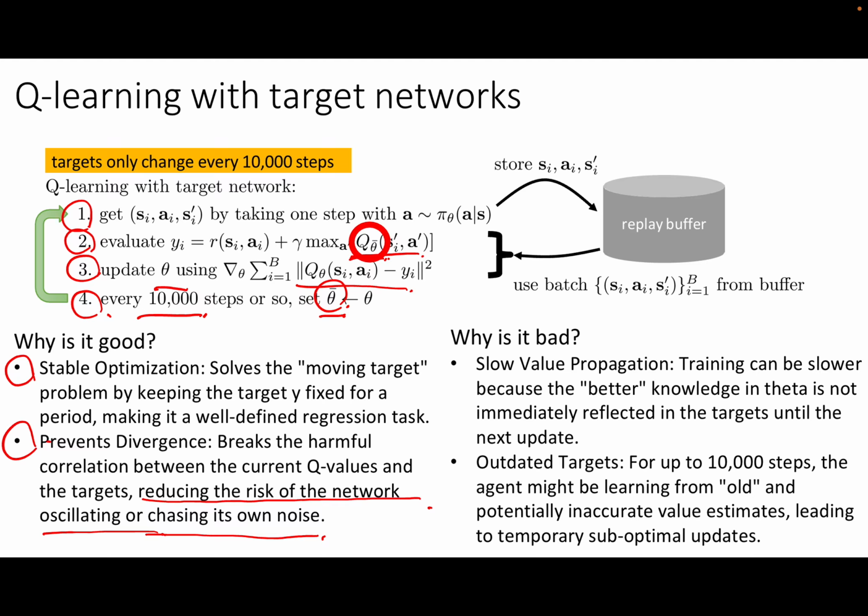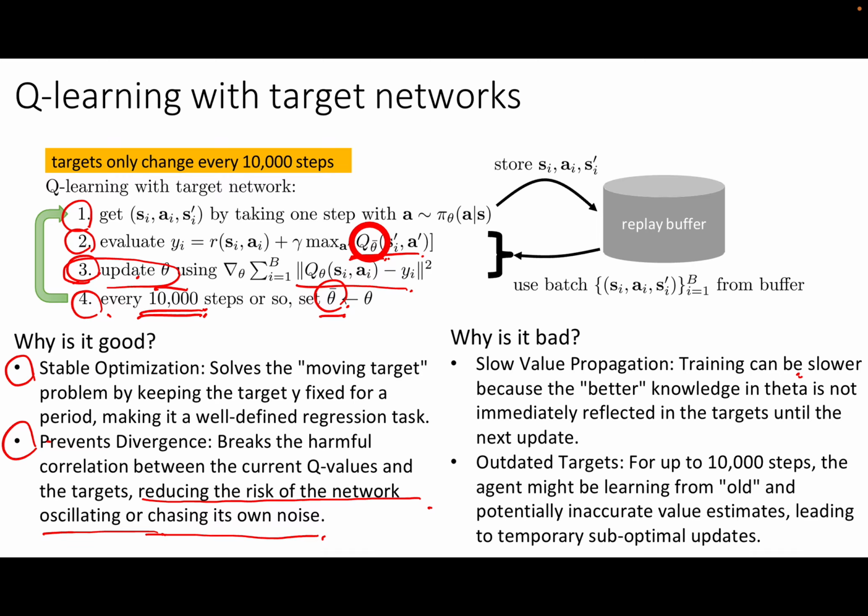But of course, there are some bad things. The first one is slow value propagation. The training can be slower because the better knowledge in theta is not immediately reflected in the targets until the next update. We update theta at every step, but we update theta bar only every 10,000 steps.